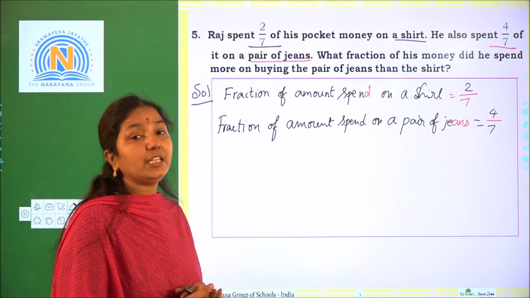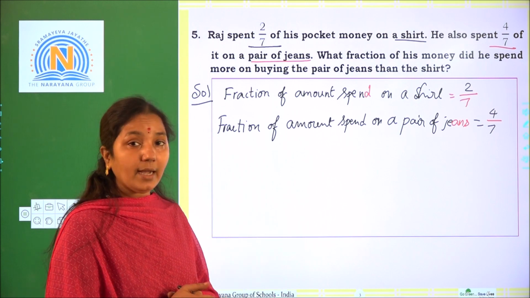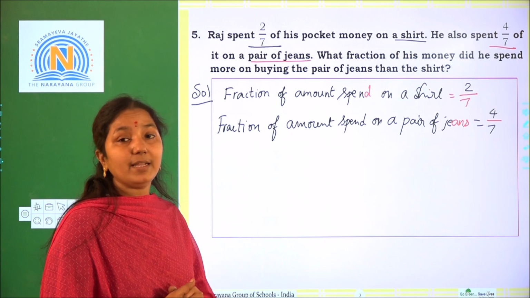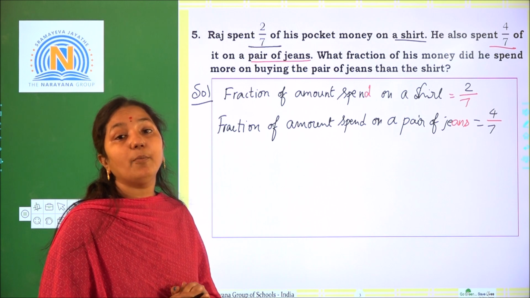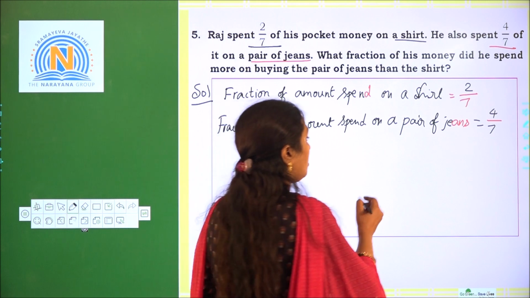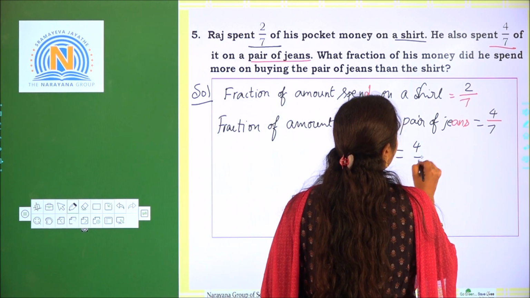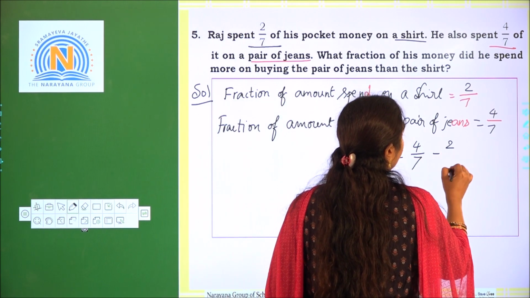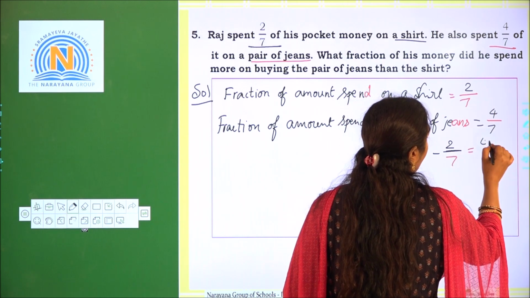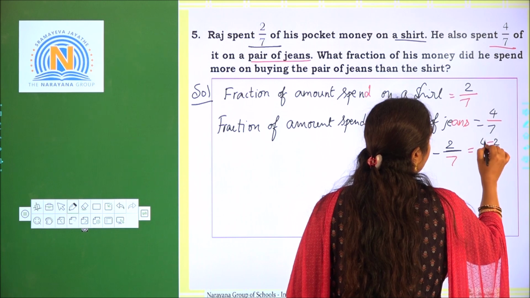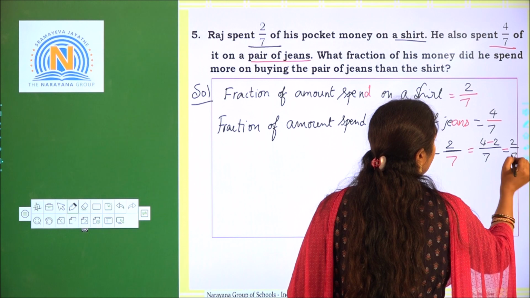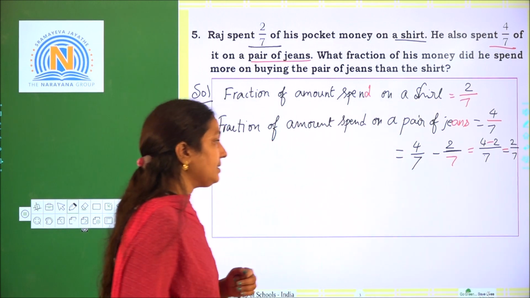How much more he spent on jeans is what we have to identify. For that, what do we have to do? We have to subtract 4 by 7 minus 2 by 7, and we get how much more amount is spent on the pair of jeans. So 4 by 7 minus 2 by 7 equals 4 minus 2 by 7, which is 2 by 7.